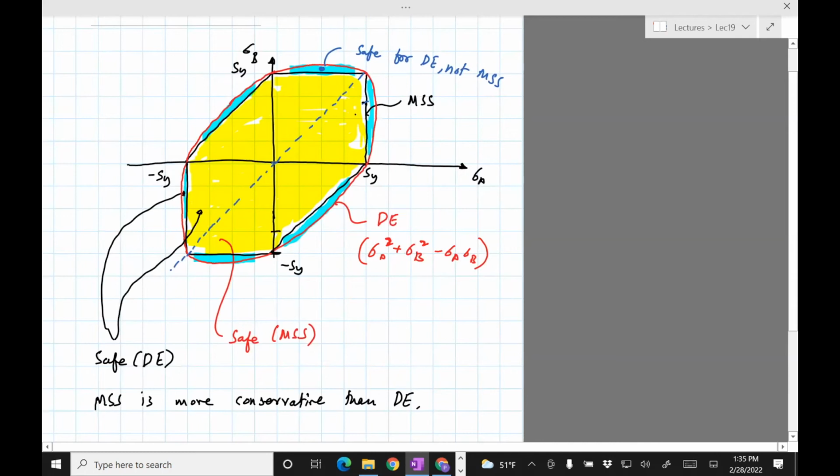Okay, sometimes you want to design using MSS because you want to keep the designs more safe. Safer designs tend to have a higher factor of safety. Higher factor of safety means things are thicker, more diameter, more material, they tend to become heavier. So for something which sits on the floor and is not moving, like civil structures, you probably want to make them very safe, and so you'll use the more conservative theory.